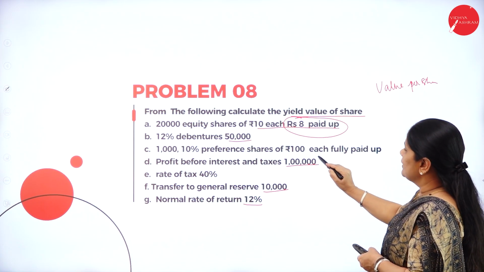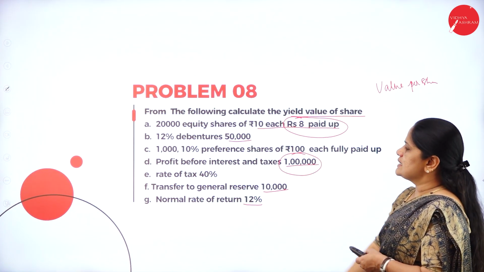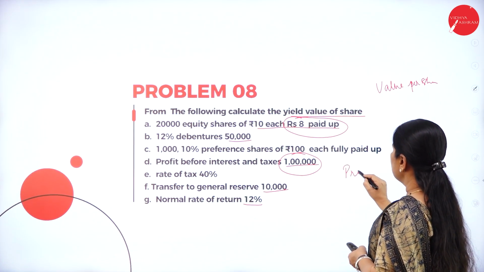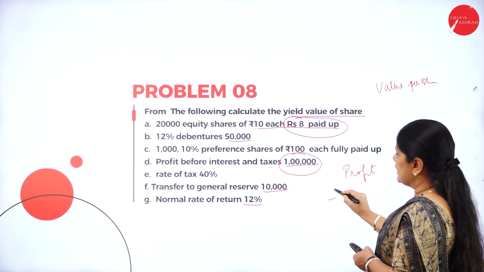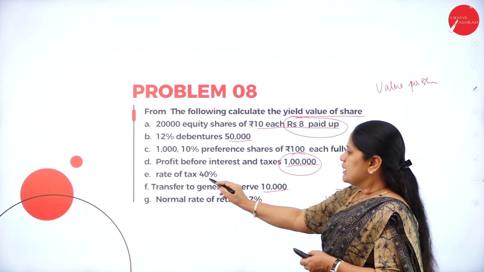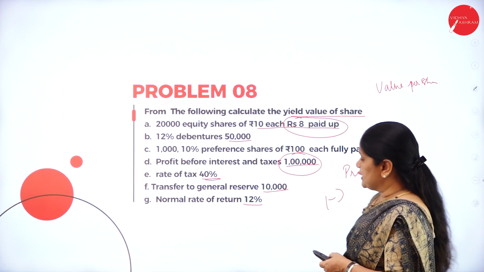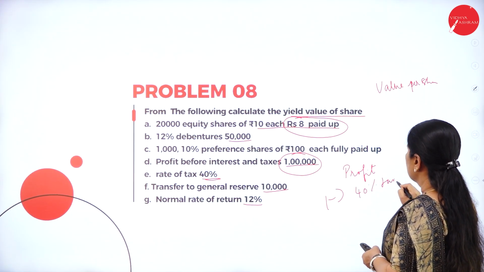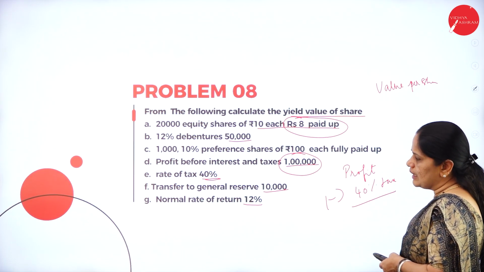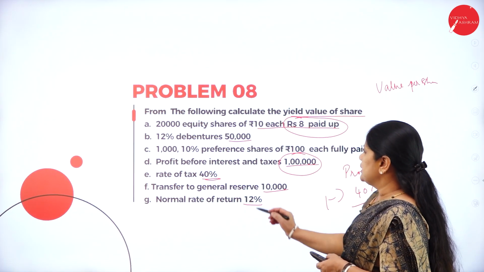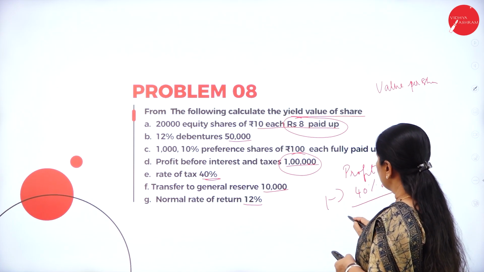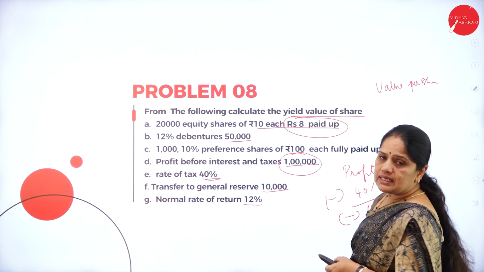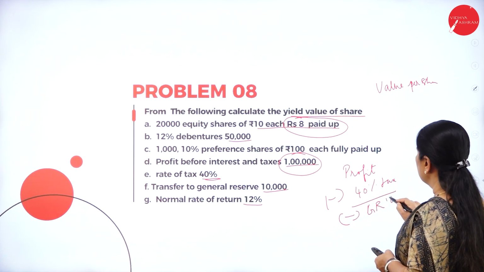Now they have given us the profit before interest and taxes. From this profit, I have to deduct the tax. Now what is the tax rate? 40%. So from this, I deduct 40% tax. Then whatever is the remaining amount, I have to transfer it to the general reserve. How much I have to transfer? 10,000.